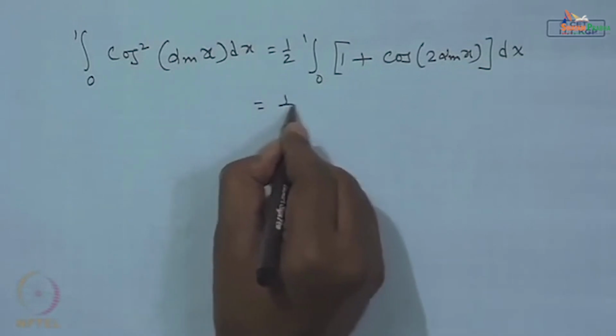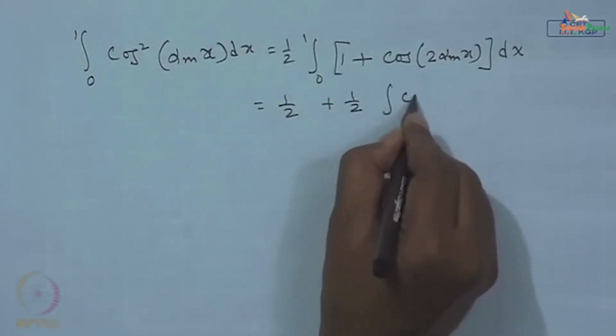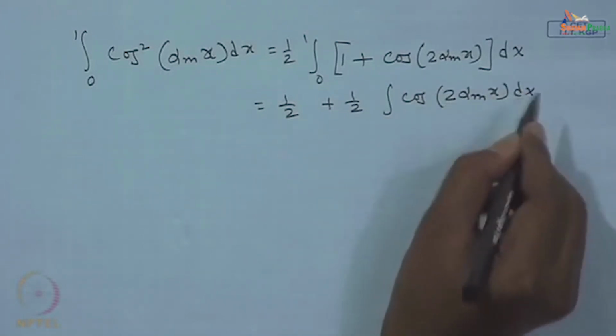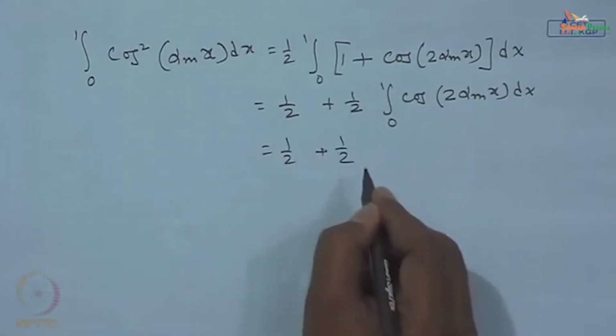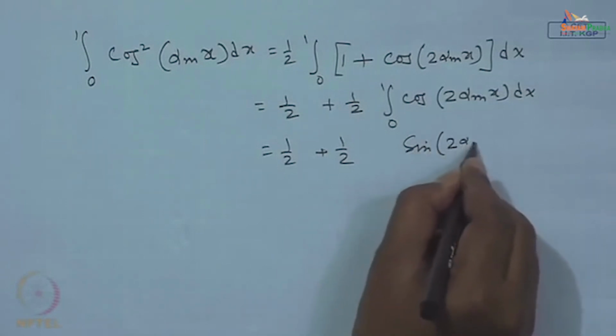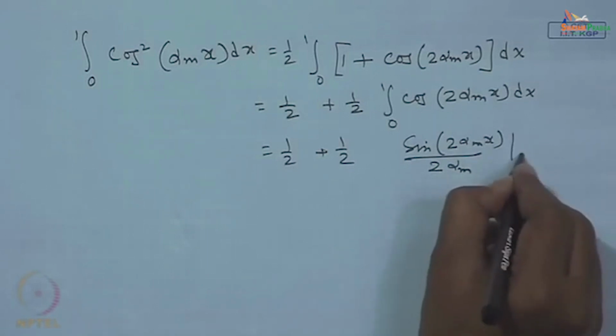Carrying out this integration, this will be half plus half integral of cosine 2 alpha m x dx from 0 to 1. So, this becomes half plus half, sine 2 alpha m x divided by 2 alpha m from 0 to 1.